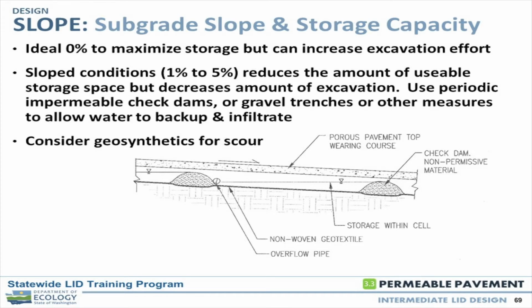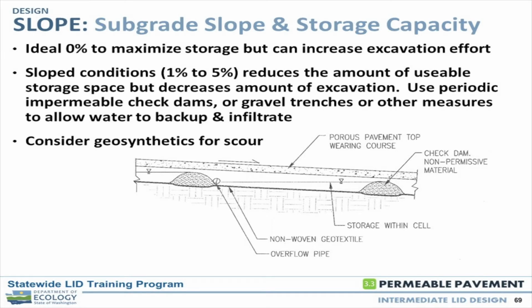And as we increase the slope of the facility up to 5%, maybe as high as 8%, achieving the storage volume that we need in that base requires the use of check dams of some type. This is showing a mounded soil check dam.